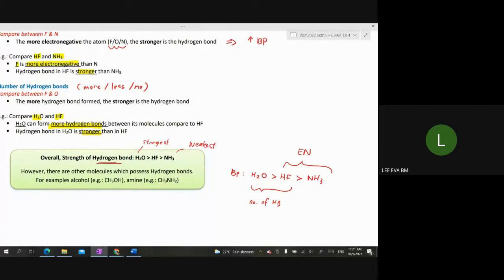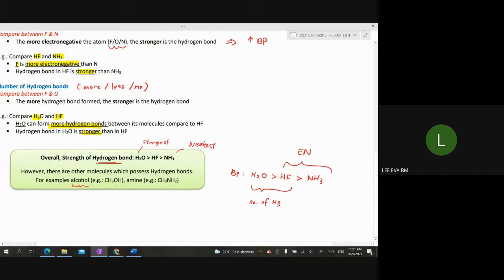But besides H2O, hydrogen fluoride, and ammonia, there are still other species which can have hydrogen bonds. As long as the hydrogen is directly attached to F, O, or N, they can have hydrogen bonds. So we see the example of alcohol.